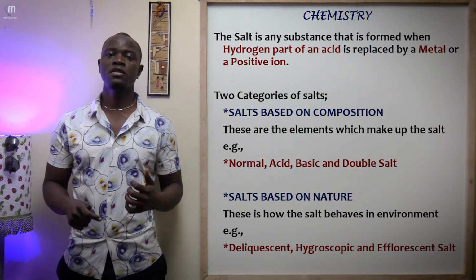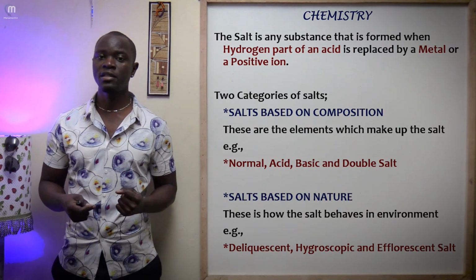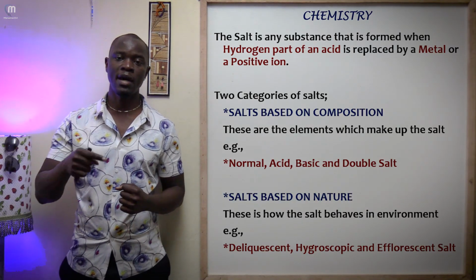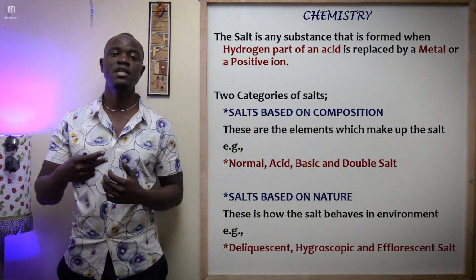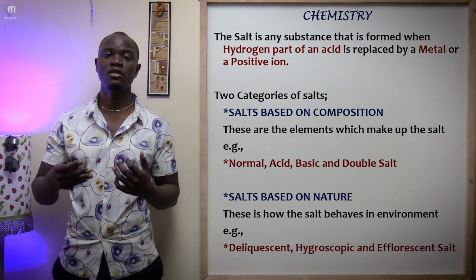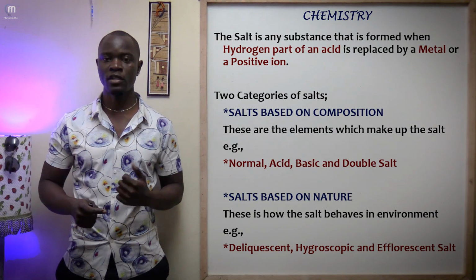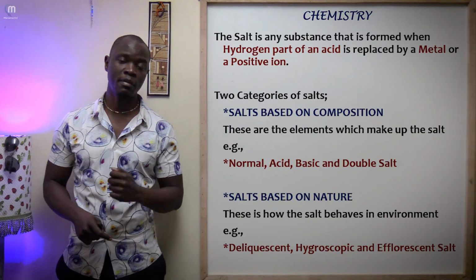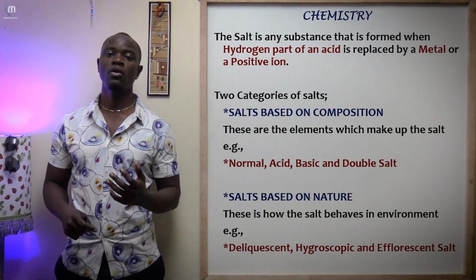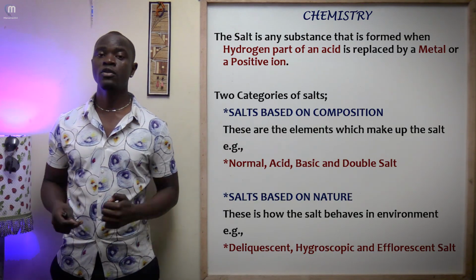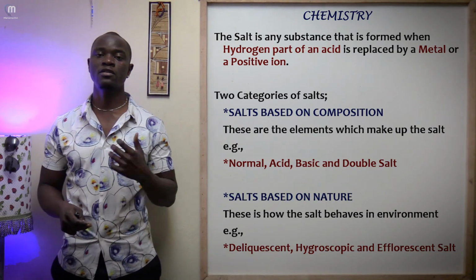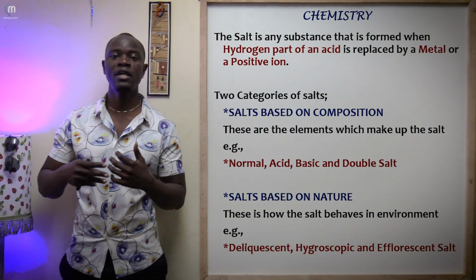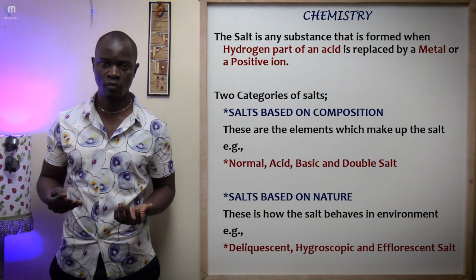For salts based on composition, it simply means the elements that are making up the salt, those different elements that make up that compound. The example we looked at first was normal salt. Normal salts are salts that do not have any hydrogen in the compound.